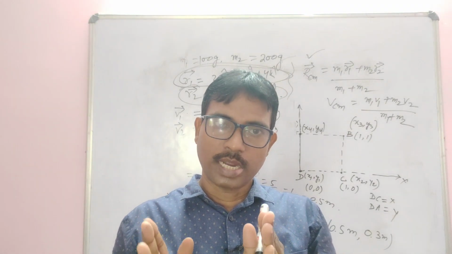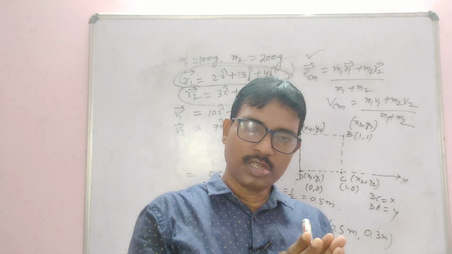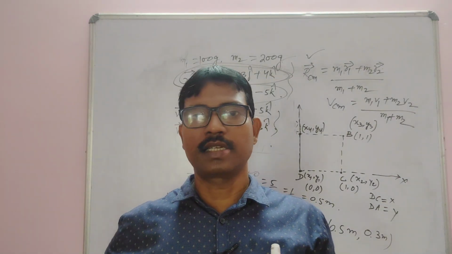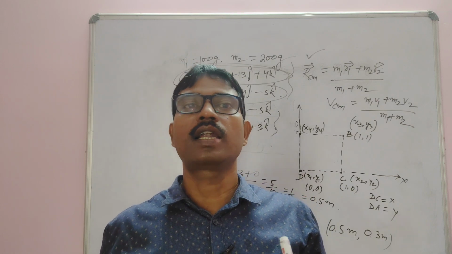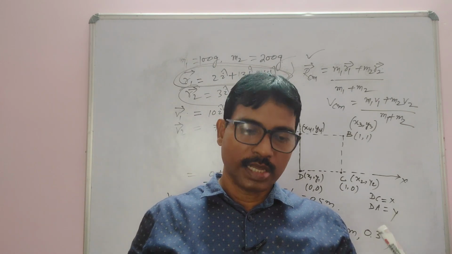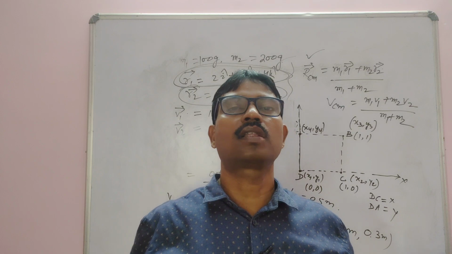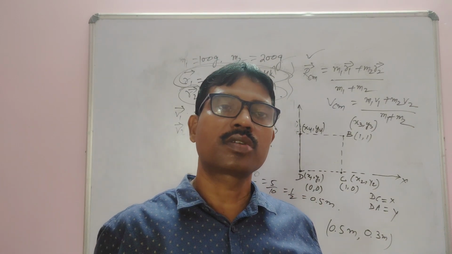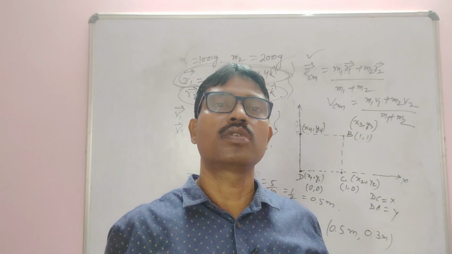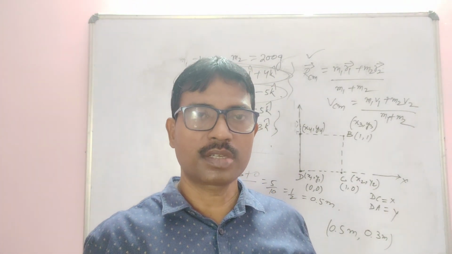One side is at the origin, and the other lies on this side. That means when one side is lying at the origin, what is the center of mass? And if you keep that rod in between the axes, what is the value? After that, there is a continuous distribution of mass in a body. For continuous bodies, we have to solve some numerical problems. Thank you. Have a good day.